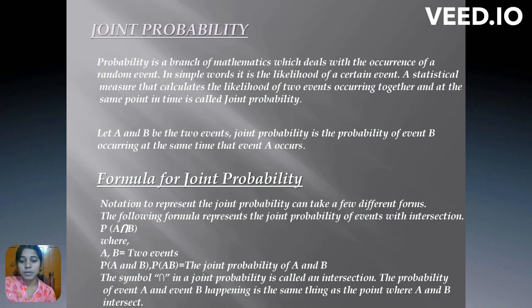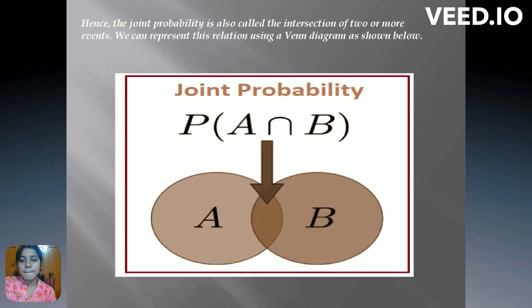The probability of event A and event B happening is the same thing as the point where A and B intersect. Hence, the joint probability is also called the intersection of two or more events. We can represent this relation using a Venn diagram. This is called a Venn diagram.